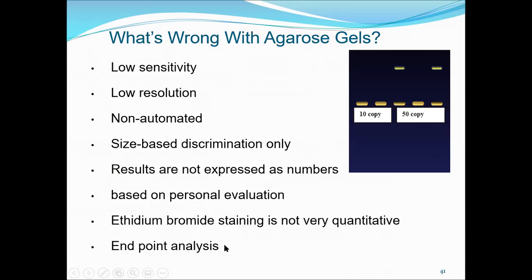That means it does the endpoint analysis. When the PCR is almost over, you stop the machine and run the agarose gel. After the whole amplification cycle is done, after the exponential phase you get the plateau, and in that case you run the gel. So everything would be more or less of the same size, which does not evaluate the actual copy number of the template present in the sample.